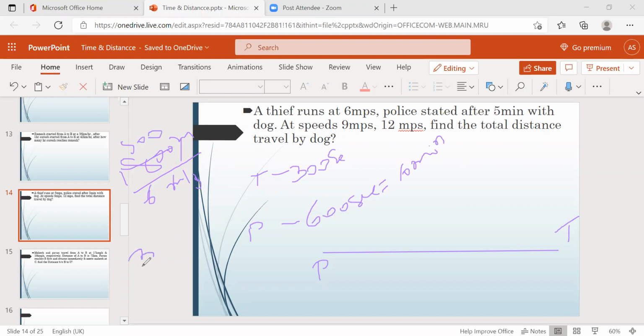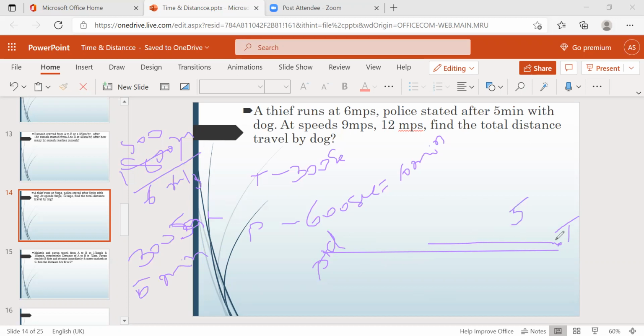So in 5 minutes only, dog will... sorry, 300 seconds is nothing but 5 minutes. In 5 minutes only, dog will reach the thief. That means police and dog started at the same time, but dog reaches thief in 5 minutes, but police cannot reach in that 5 minutes.